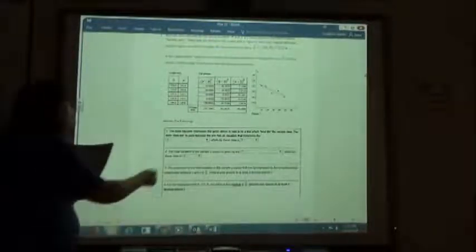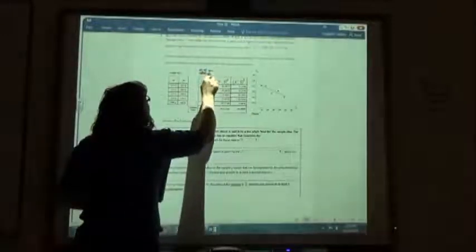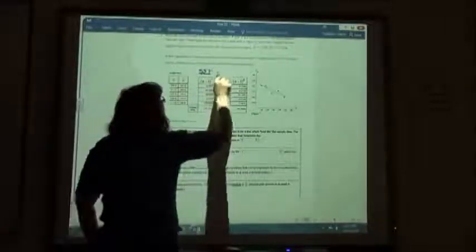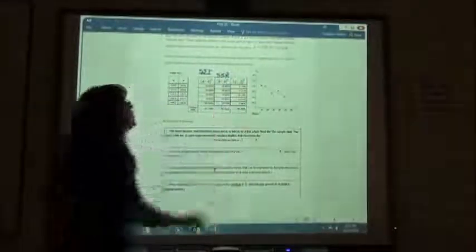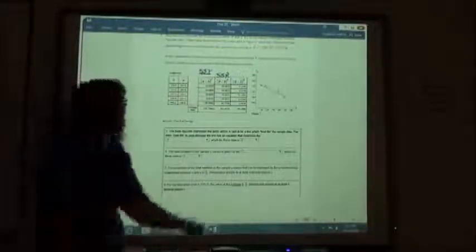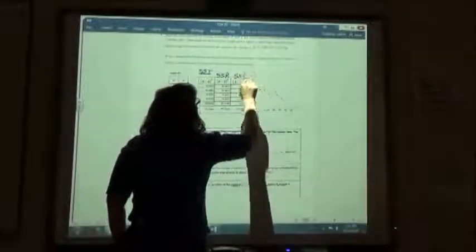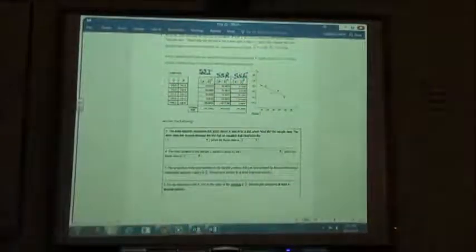If you remember, that's my SST value, sum of squares total. The middle one I take y hat minus the mean of y. Y hat minus the mean of y is my sum of squares regression. And then we have y minus y hat. Y minus y hat is my sum of squares error. So make sure you always look at your table because they switch those around, so you get the right ones marked.